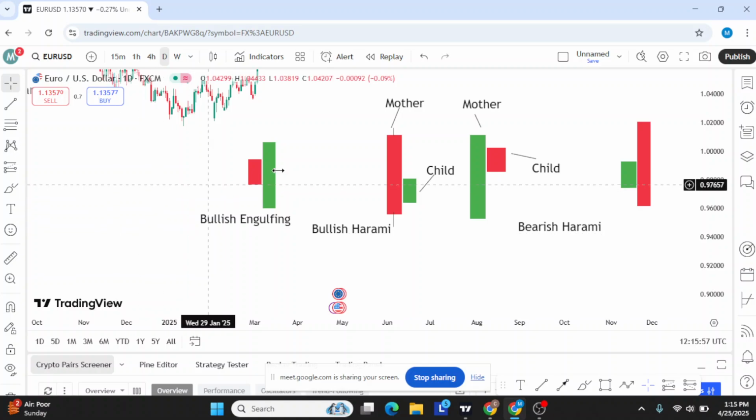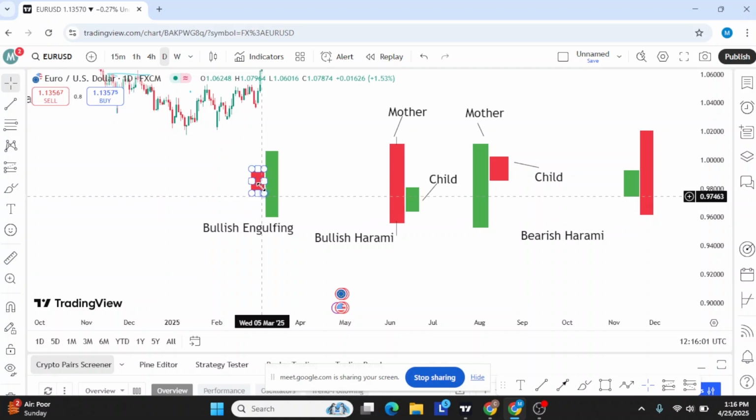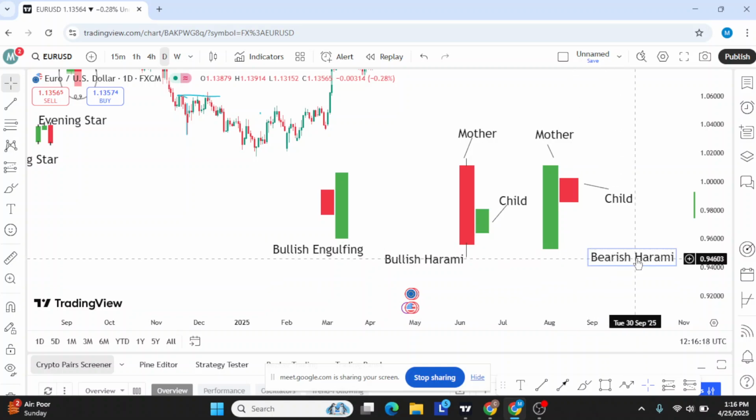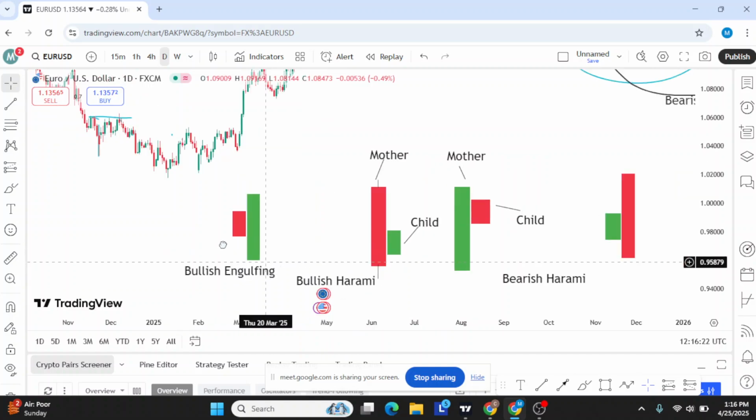As we call this the mother and the child, in bullish engulfing terms, we can say this is the child and the father, like the father left behind the child. But you can see the bullish candle always has to be at the front, not the back. If this candle was at the back, we would say it is a bearish harami. But the bullish candle is at the front, so we can say this is a bullish engulfing.